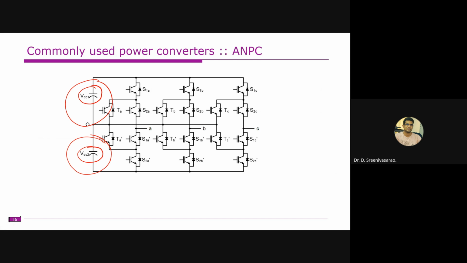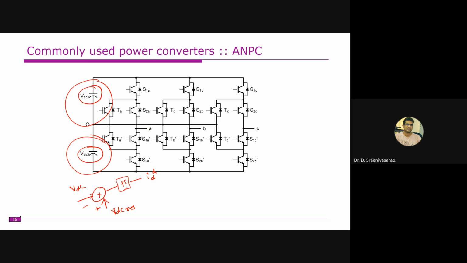Earlier you had only one capacitor, whose VDC was compared with the VDC reference, and one PI controller gave you the ID star. But now you have two capacitors, and you need to balance these two capacitors.